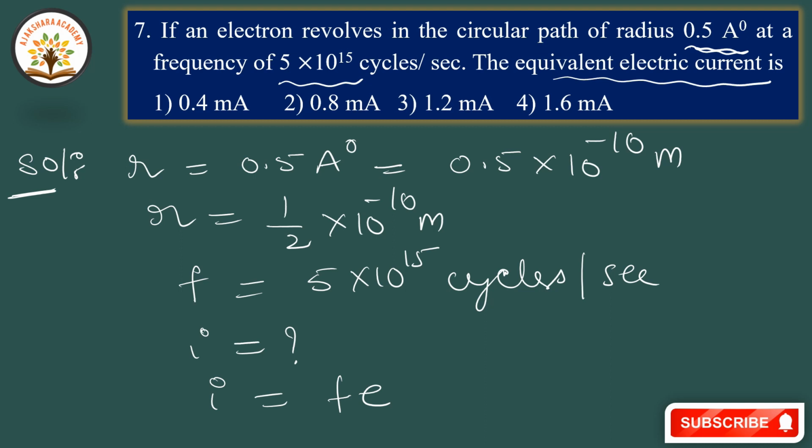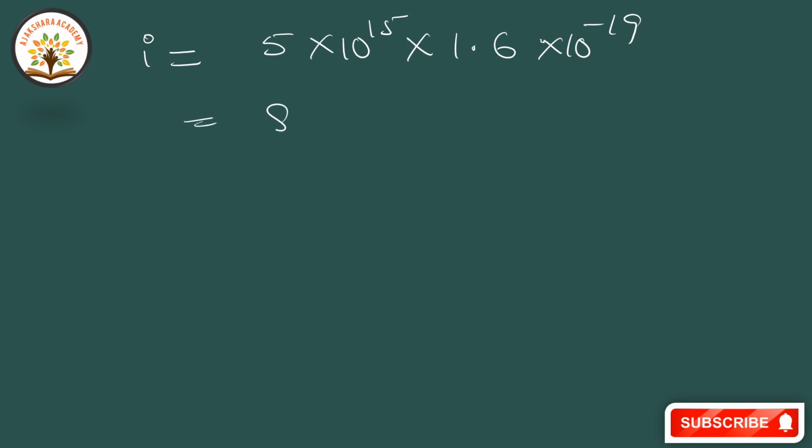Now substituting F and e, we get I is equal to 5 into 10 to the power of 15 into 1.6 into 10 to the power of minus 19. So that is equal to 8 into 10 to the power of minus 4.